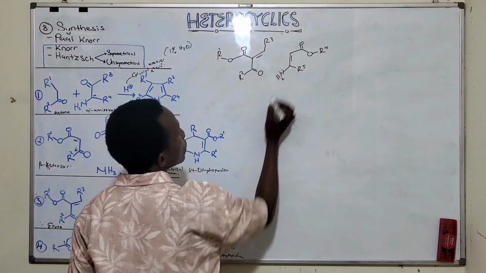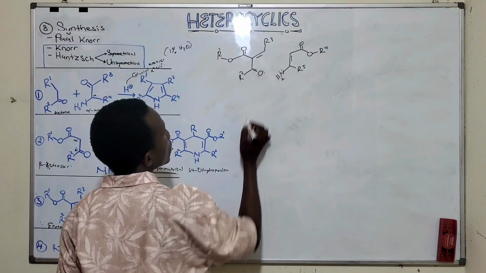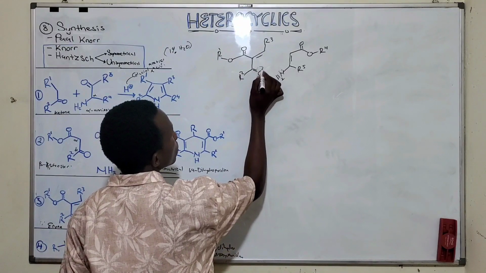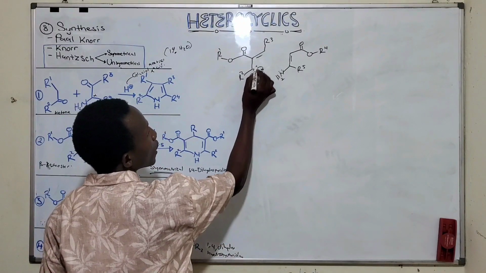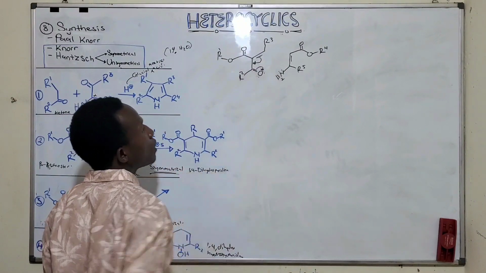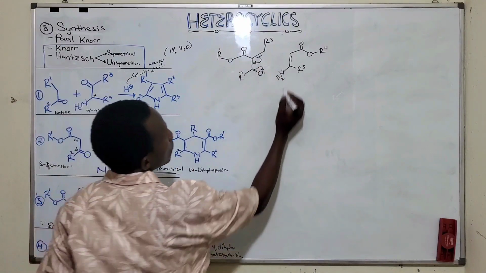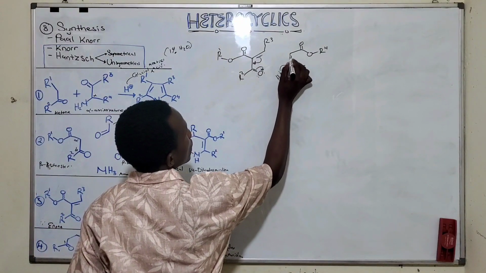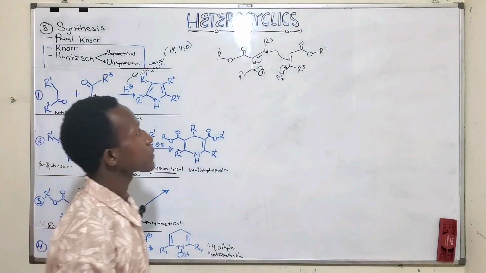This nitrogen has lone pairs of electrons, as this oxygen has. This oxygen is more electronegative, so it pulls electrons towards itself. When it pulls electrons, creating a carbocation, this one forms a bond, also creating a carbocation. This nitrogen forms a bond as this one attacks the carbocation.